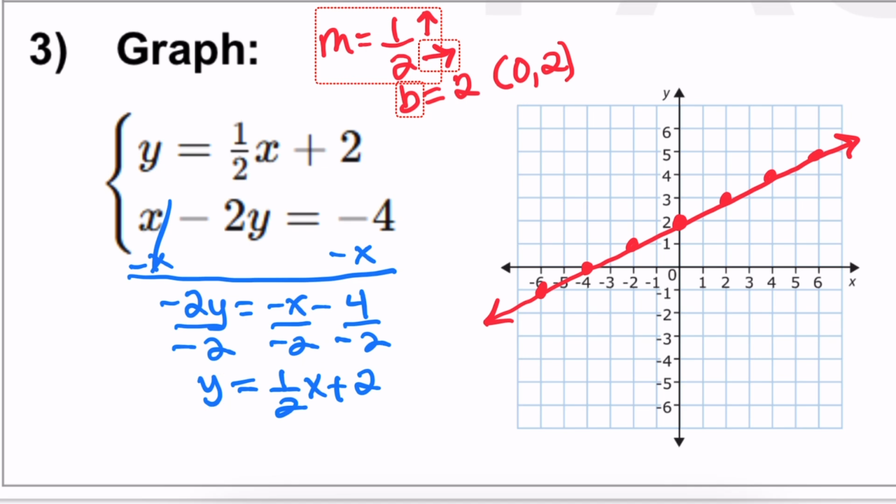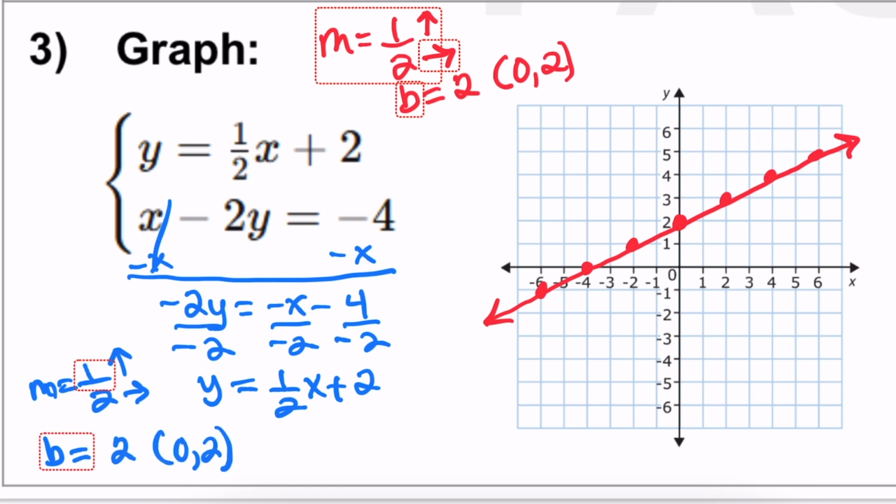So now you can identify your y-intercept and your slope. So your slope is 1/2, means go up 1 to the right 2, and your y-intercept is 2, or 0, 2. And you would start there at 0, 2, and do the same thing.